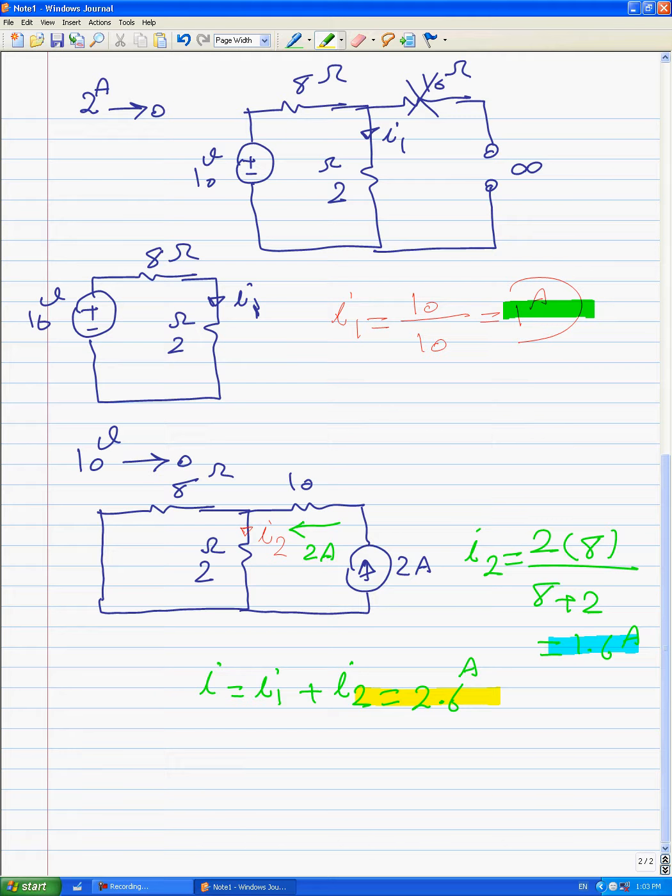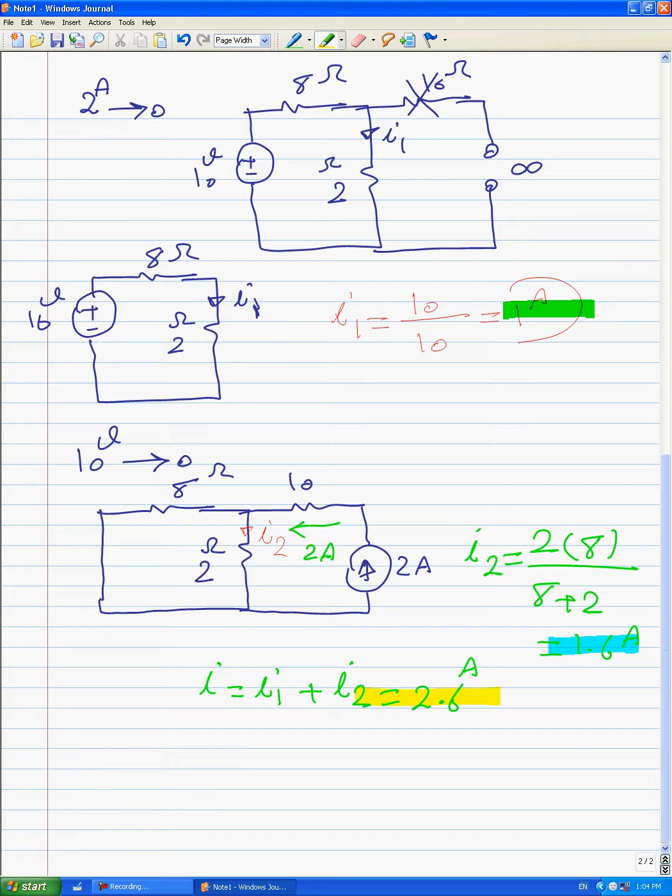Important note: you can solve this question only by KCL and KVL and Ohm's law, and compare your answer for this circuit with this answer, 2.6 amps.